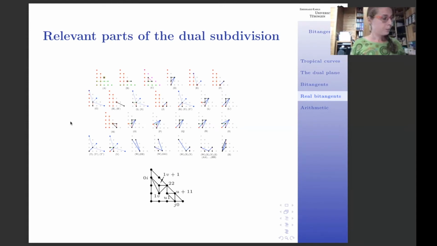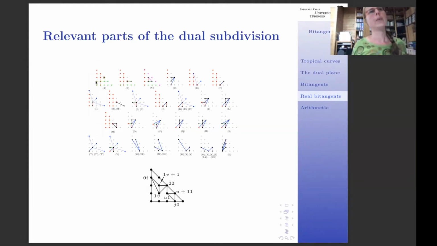This slide is only for those who like dual Newton subdivisions. This is a classification of all the important features in the dual Newton subdivisions corresponding to one of those bitangent classes. This picture is a special case of this type A. We're here also using some color coding.